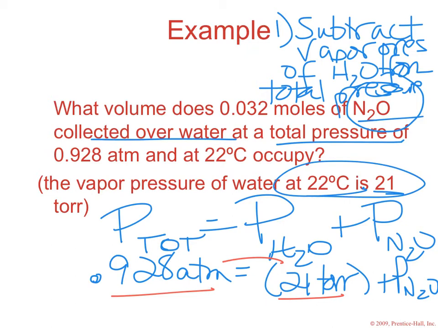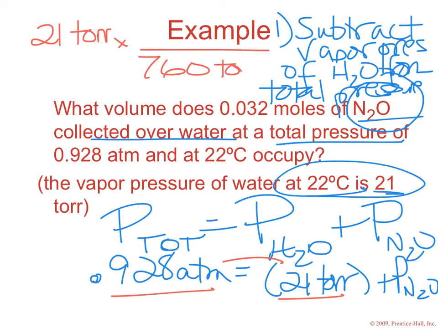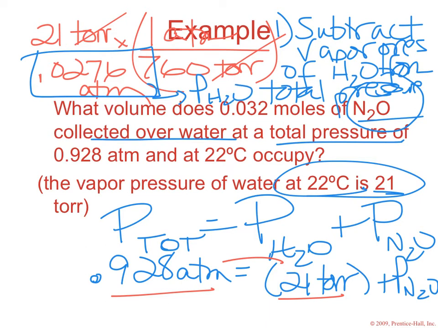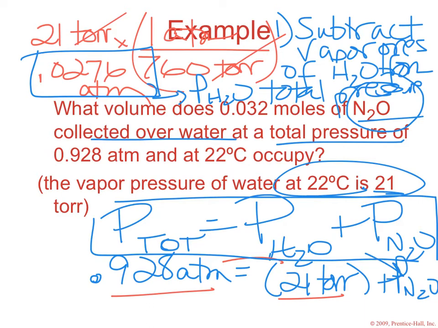If I have 21 torr and I want to convert it to atmosphere, I have to remember that there are 760 torr in 1 atmosphere. And so 21 torr divided by 760 is 0.0276 atmosphere. So that is the pressure of water vapor at 22 degrees. So now I'm going to go back to Dalton's law, and I'm going to solve and see what the pressure of N2O is.